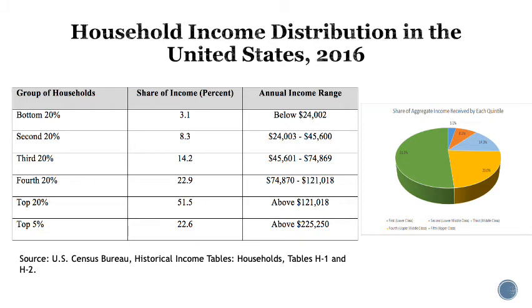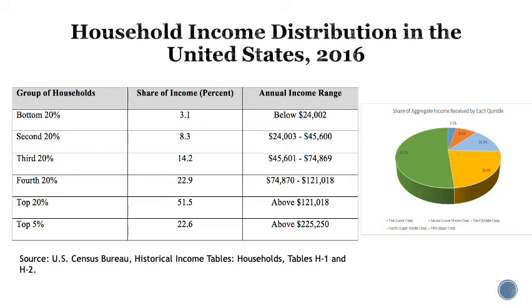In the second column we have the share of income, and to understand this table better, imagine dividing up US households into 5 equal sized groups. They are all part of a big pie, with the lowest income households in one group, so the bottom 20% means the lowest income households that fall into the bottom 20% of the pie, the next lowest group means the second 20%, the next group means the third 20%, and so on.